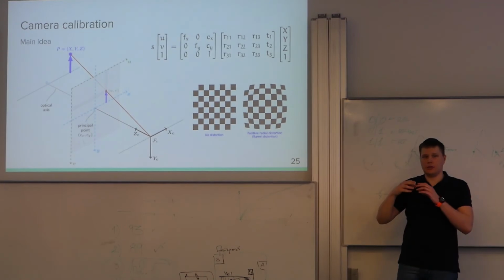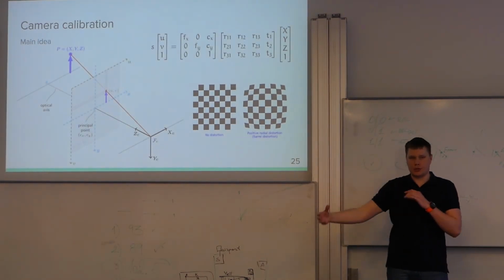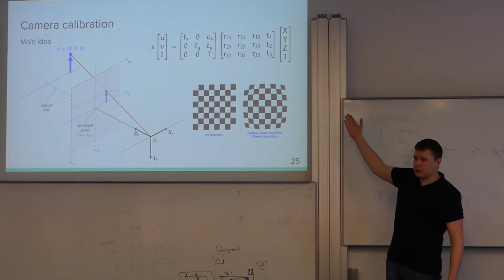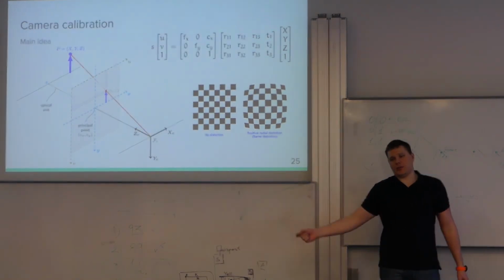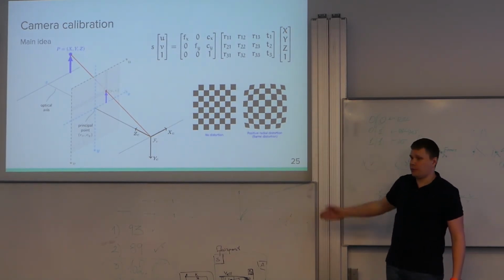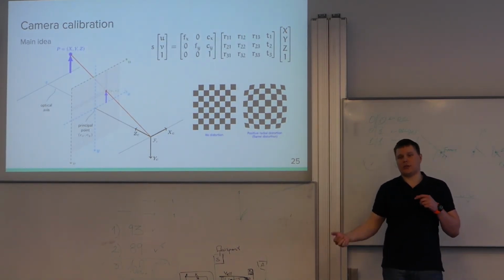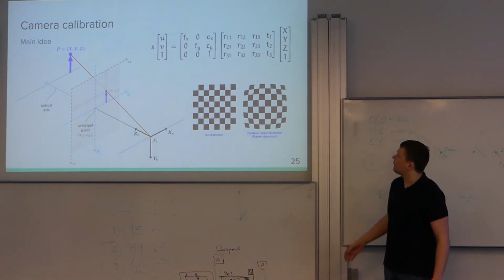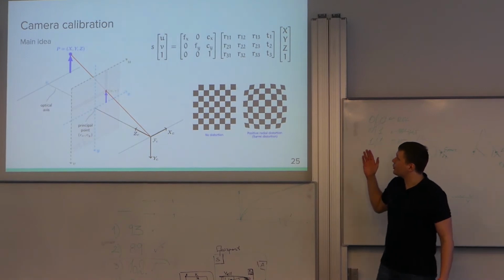It includes a rotation matrix and a translation vector. And by adding one to the actual position of our object, it's easy to work with translation as a multiplication operation, like a matrix operation.